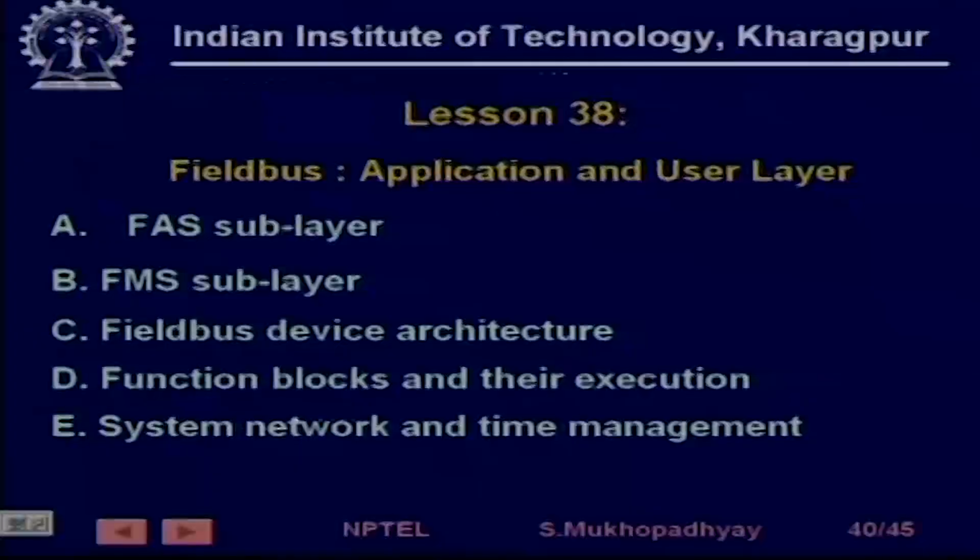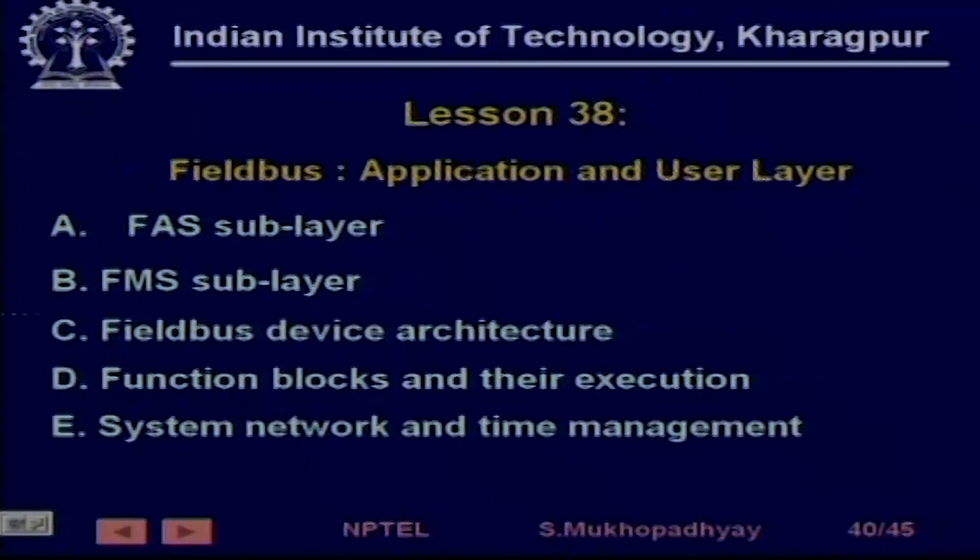Once the basic, so this will ensure that the basic data packets at the low level can get transmitted reliably from one point to the other, and then you have to talk about the application and the user layers. So when one device looks at another device, how does it come to know what that device is made of, what it is doing, the interpretation of the variables that one device is sending to the other.